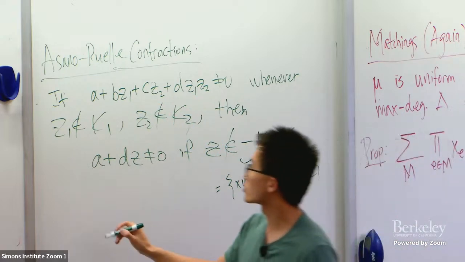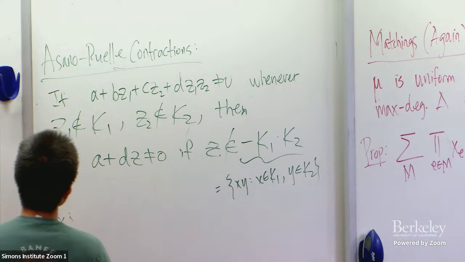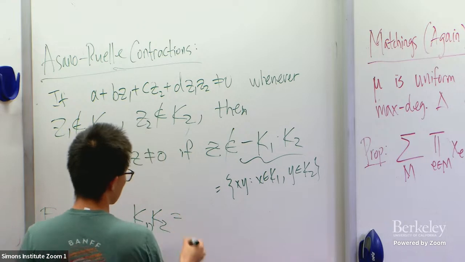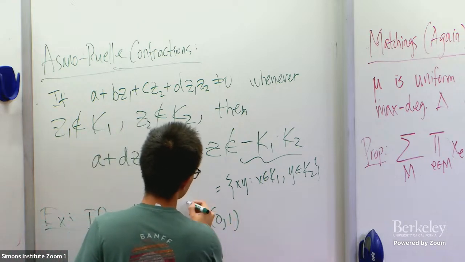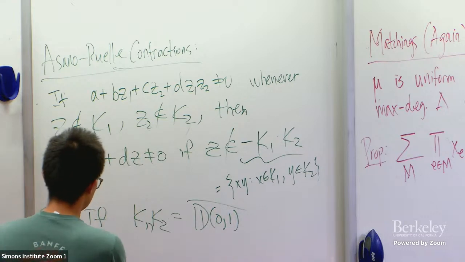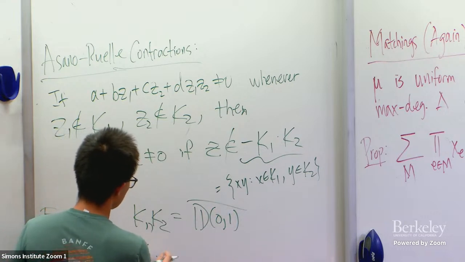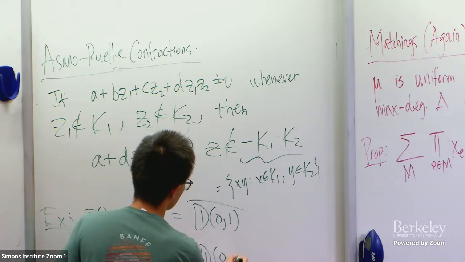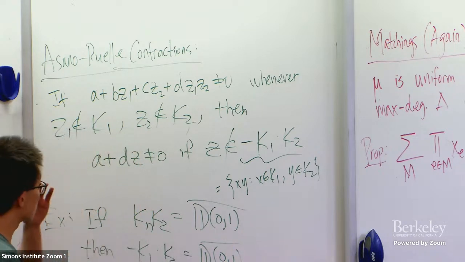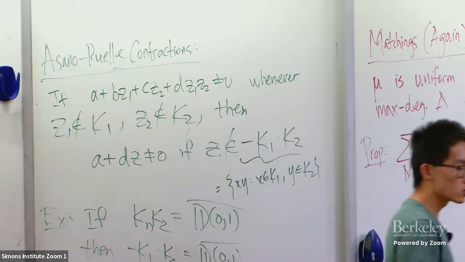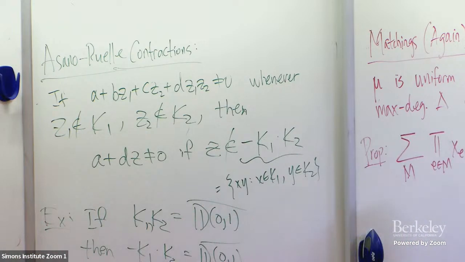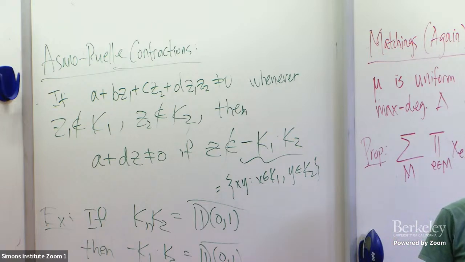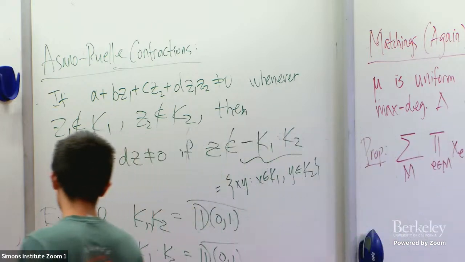So let me give you a couple of examples. If K1 and K2 are both equal to the complement of the unit disk, then the contraction is again the complement of the unit disk. So if this simple two-variable polynomial is zero-free inside the entire unit disk, then by doing one step of contraction, it's still zero-free in that unit disk. That's one example.